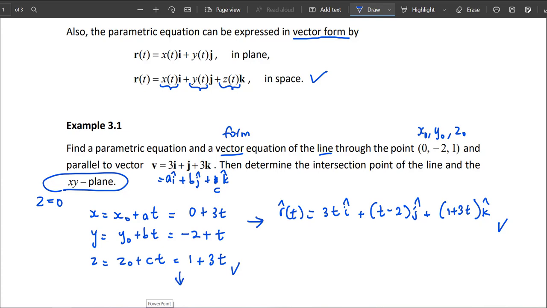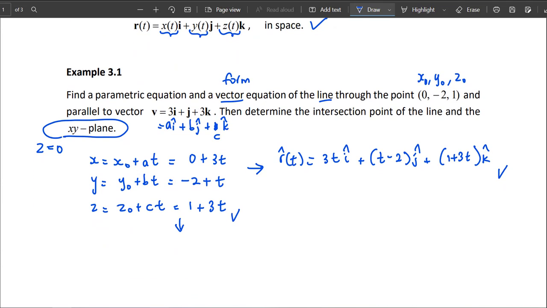When z equals 0, 1 plus 3t, so we have 3t equal to -1, so t equals -1 over 3. Okay, so just substitute into x. x is 3 times -1 over 3, so it equals -1.